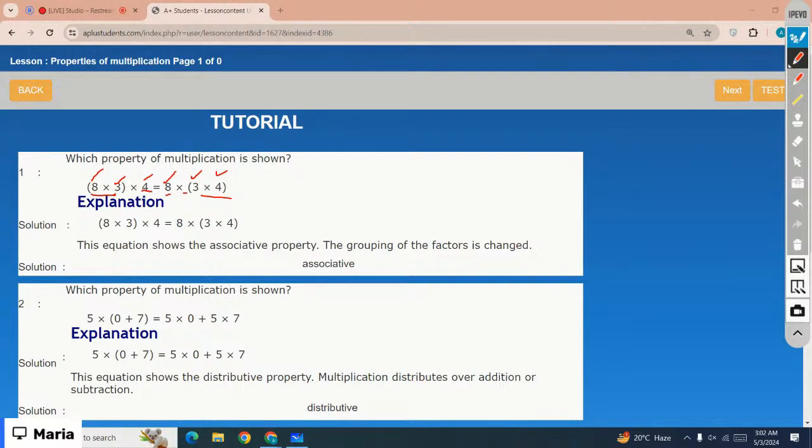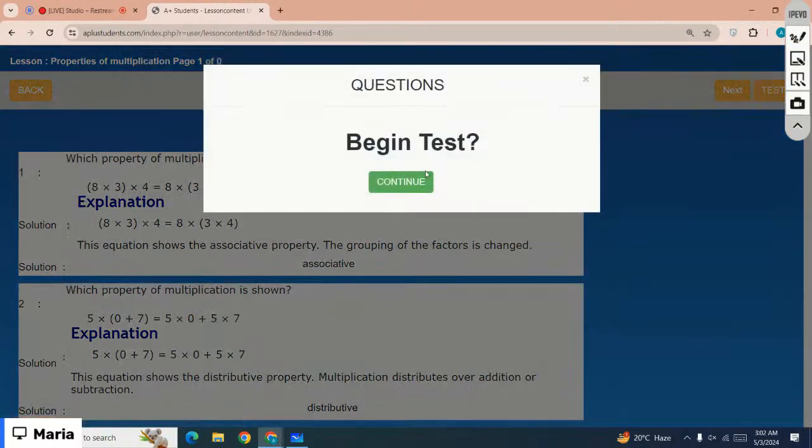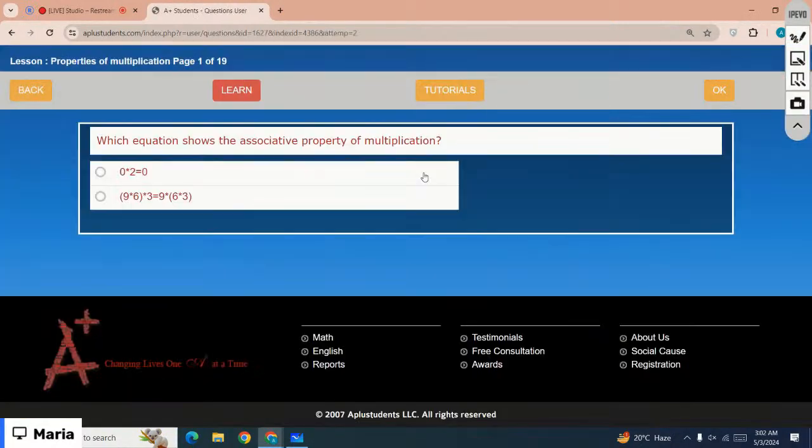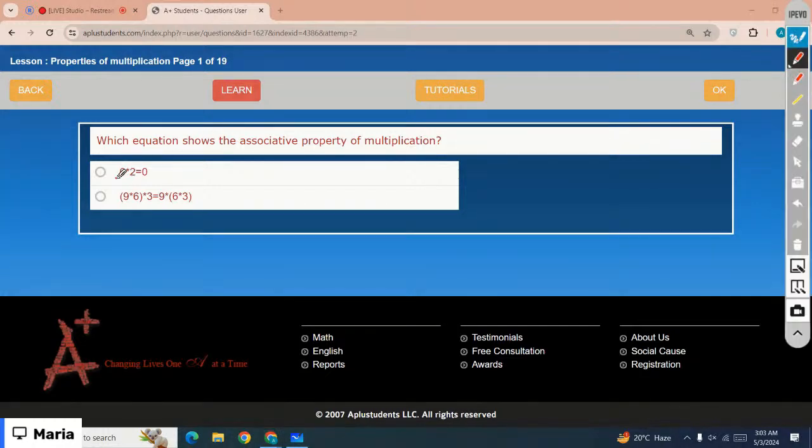Okay, let's just start with the practice questions. Which equation shows the associative property of multiplication? The first one is 0 times 2 equals 0, right? When you multiply a number with 0, the product is always 0.